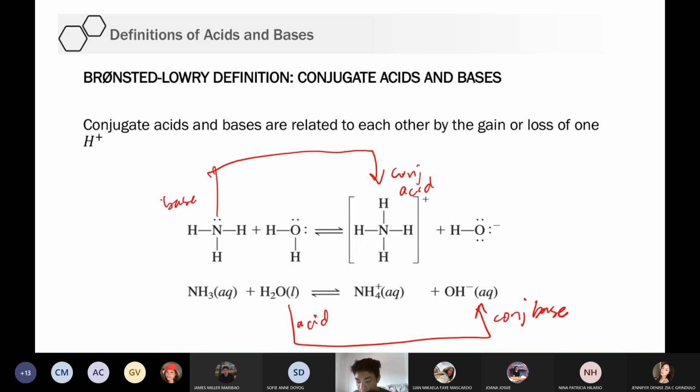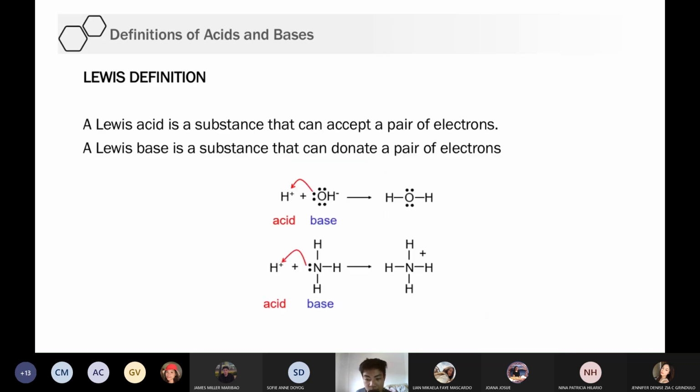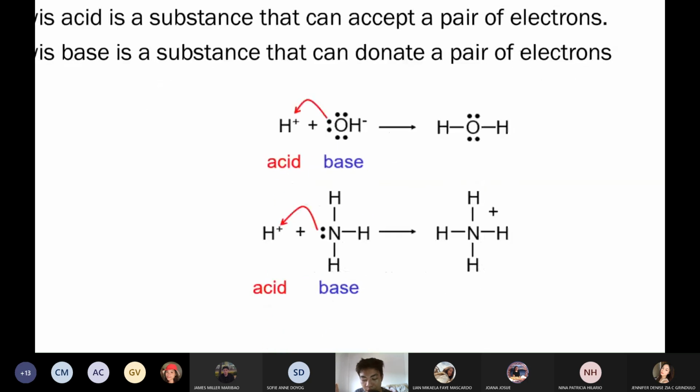Okay? So, ganun lang. And then, the last definition for acid-base is the Lewis definition. So, ano yung kwento naman ni Lewis? According to Lewis, acid is a substance that can accept a pair of electrons. And Lewis base is a substance that can donate the pair of electrons. Okay. So, paano yun? Okay, ganito lang. What happens when your molecule donates pair of electrons?